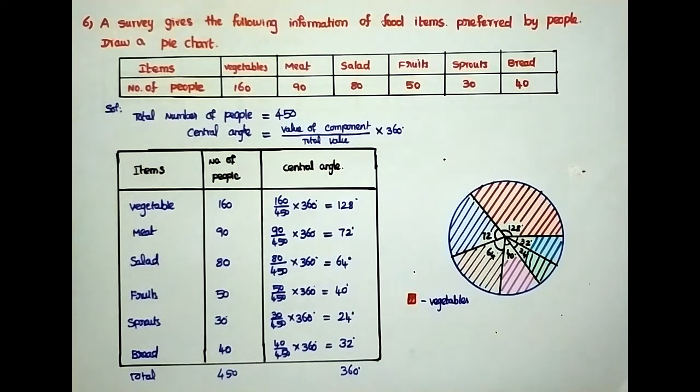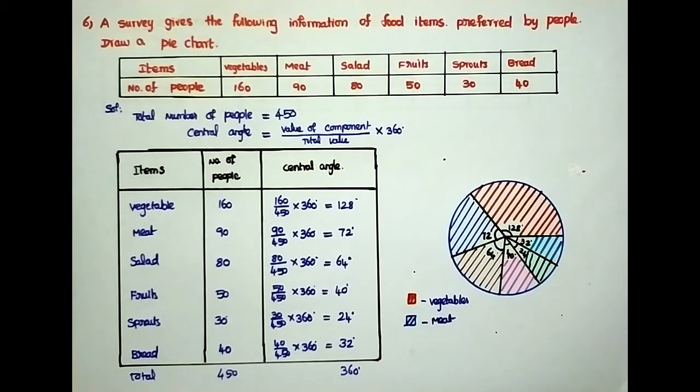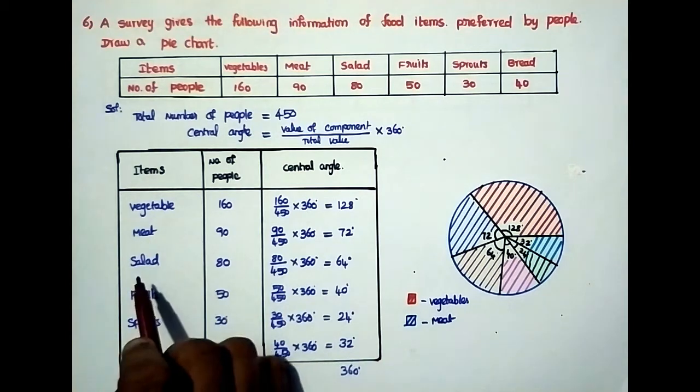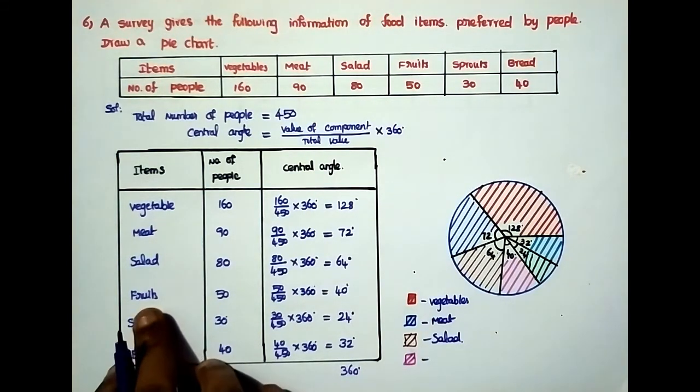And then blue color, that is meat. Next one, brown color, which one? Salad. Next one, pink color, fruits.